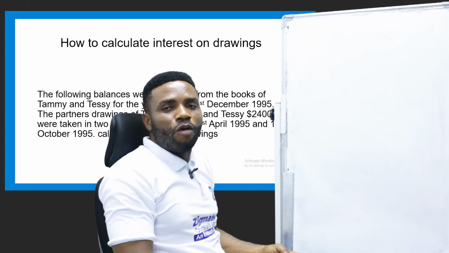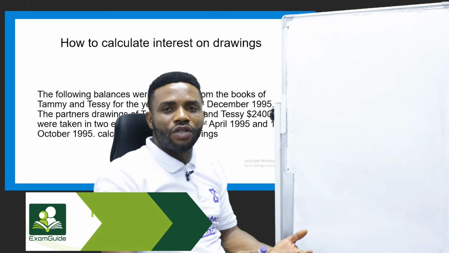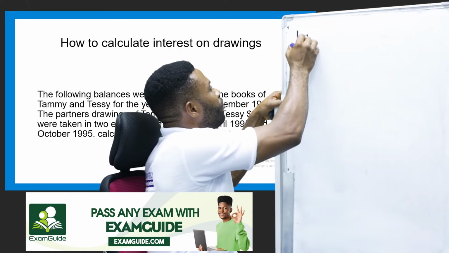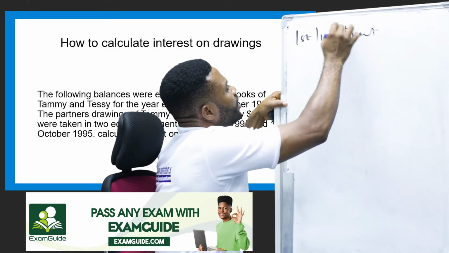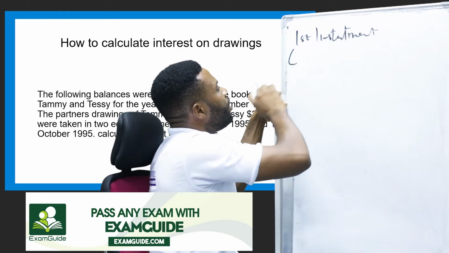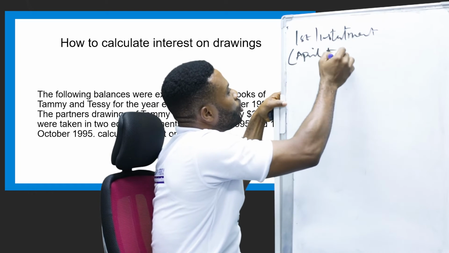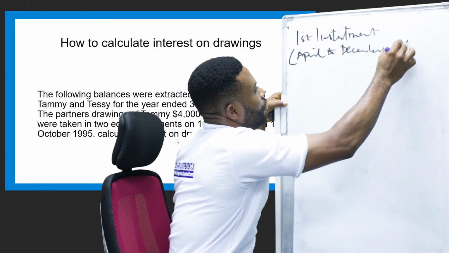From what we are given, they have 2 different drawings, in 2 installments. So let's start with the first installment. This first installment is from 1st April to December, which is about 9 months.